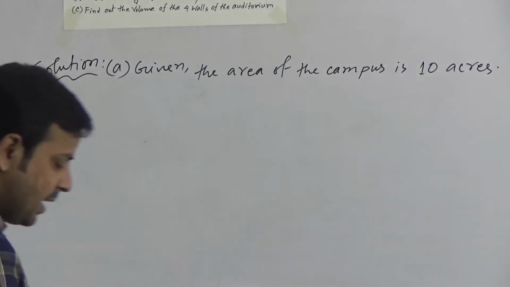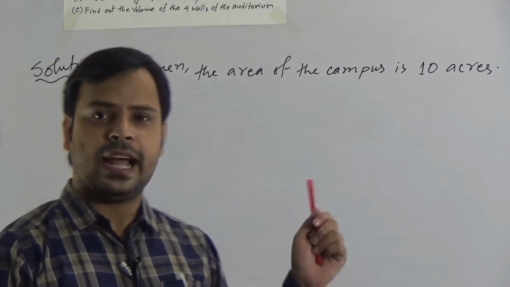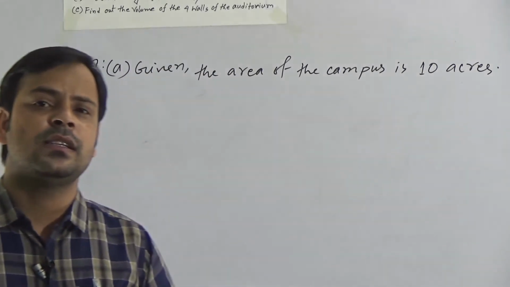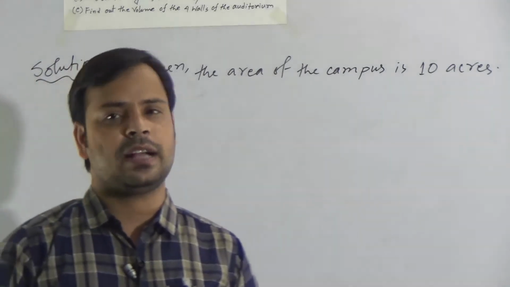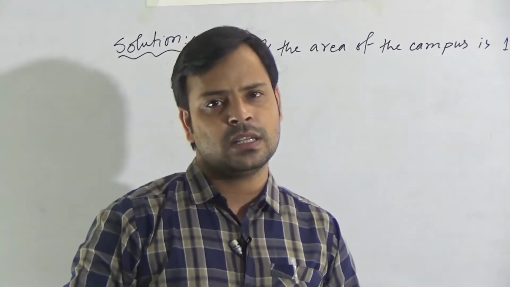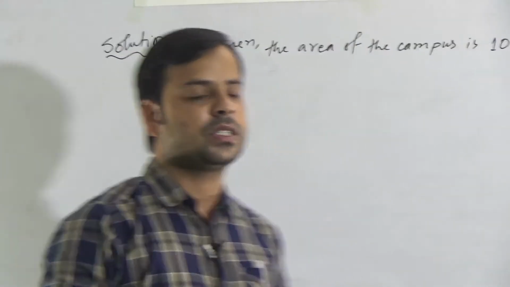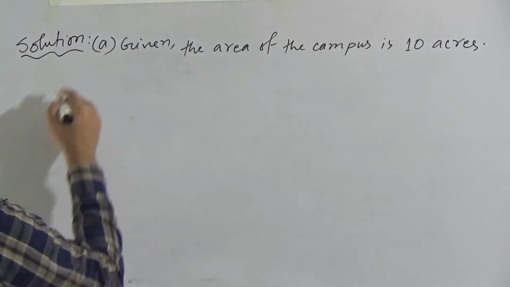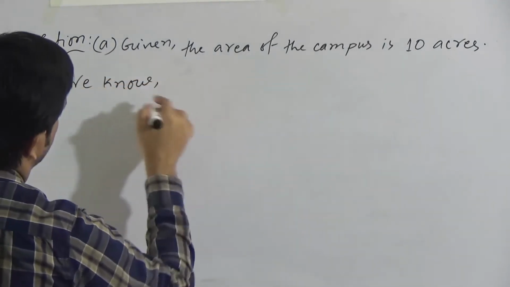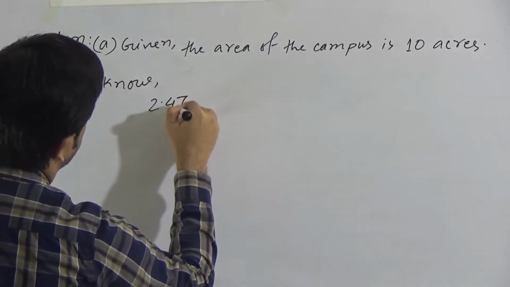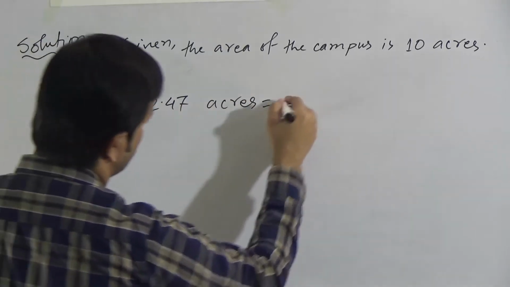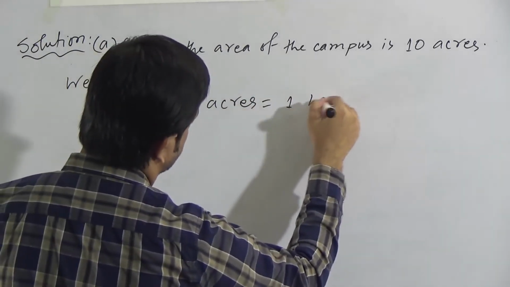We know a relation between acres and hectare, that is 2.47 acres is equal to 1 hectare. So you can write, we know 2.47 acres is equal to 1 hectare.